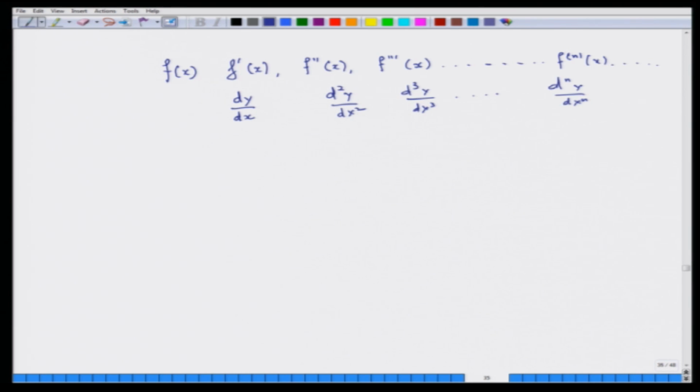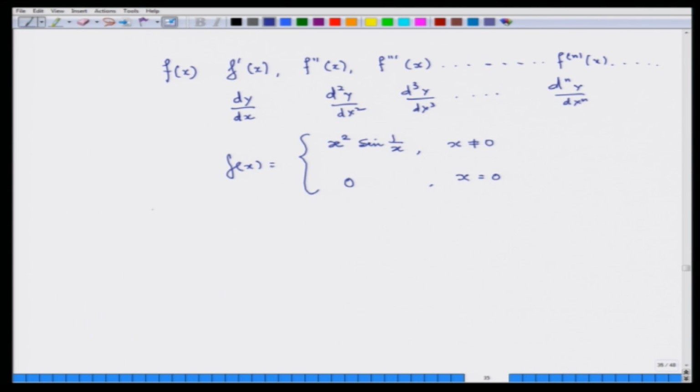It might be possible that there is a function which is differentiable the first time, but not differentiable a second time. For example, if I write a function like this, which is x square sine 1 by x when x is not equal to 0 and is equal to 0 when x is equal to 0, then I would like you to try this out at home.